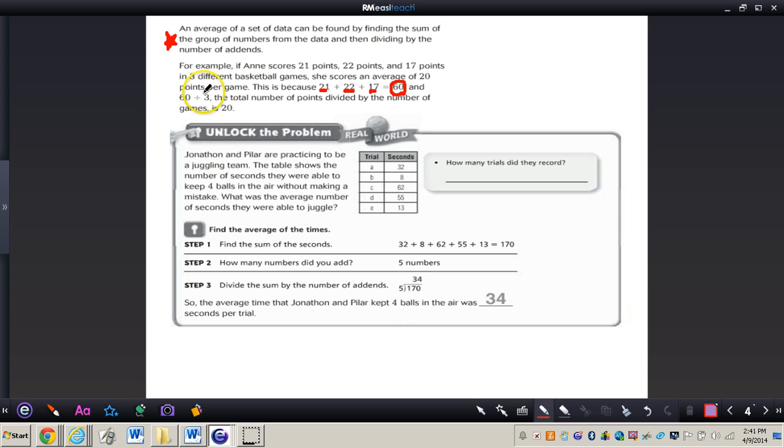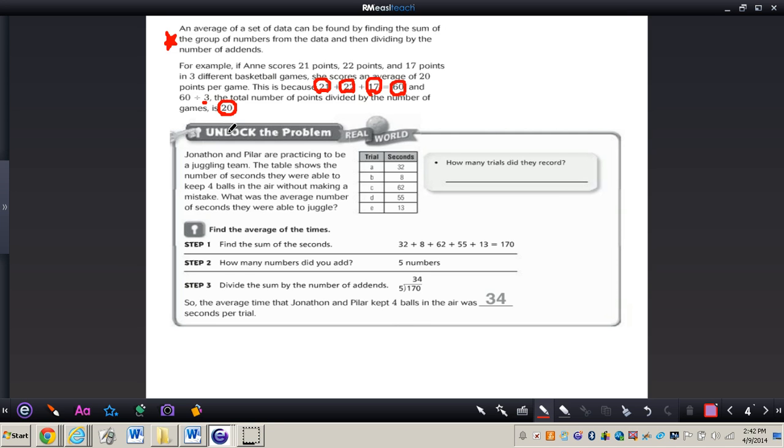Then you divide 60, which is the total sum of the numbers, by 3. The reason we divide by 3 is because that's how many games or numbers or add-ins we have. So we take 60, divide that by 3, and the answer is 20, or the average of Anne's point total per game is 20 points.